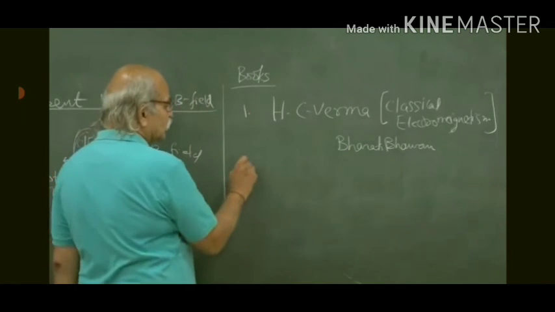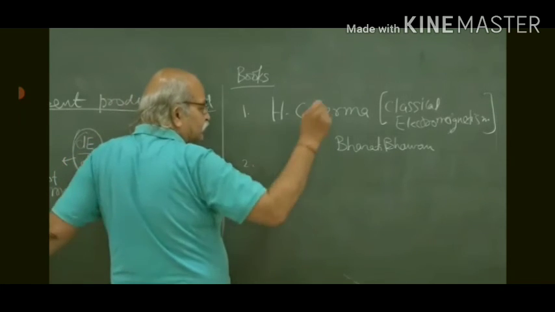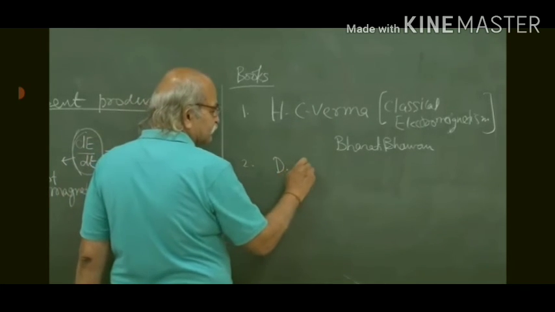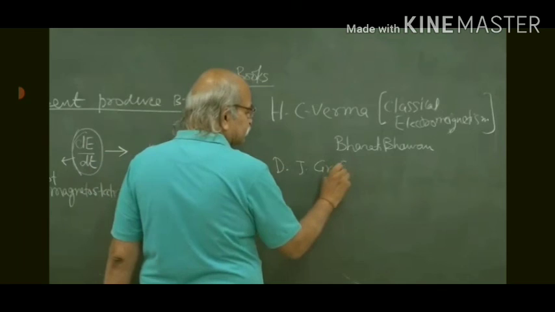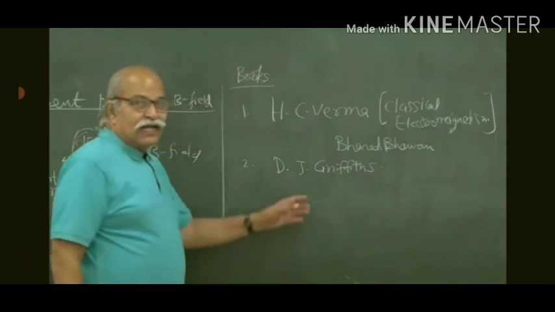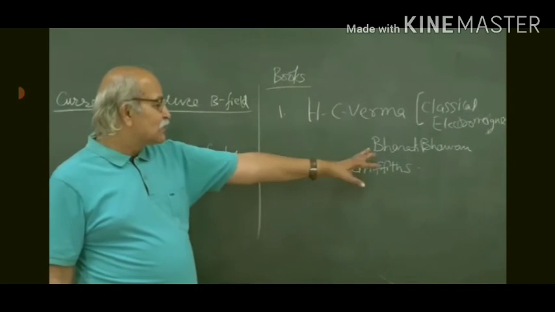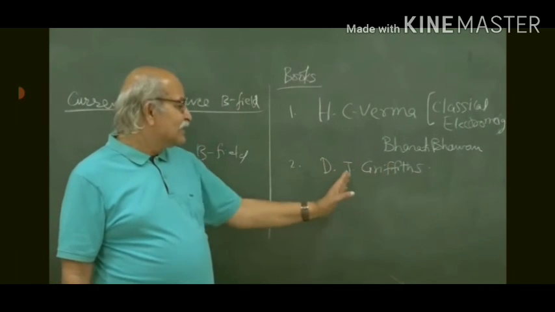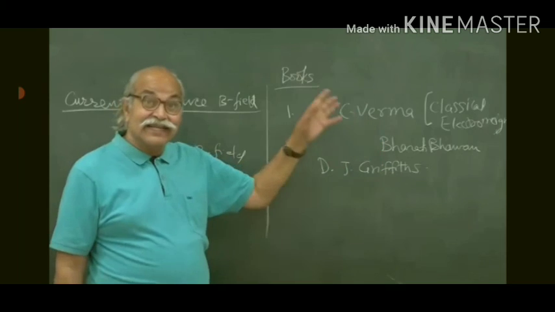So, this is the base book. Then another book will be the famous, very famous D.J. Griffiths, Principles of Electrodynamics or something like that. So, this D.J. Griffiths will be another excellent book.